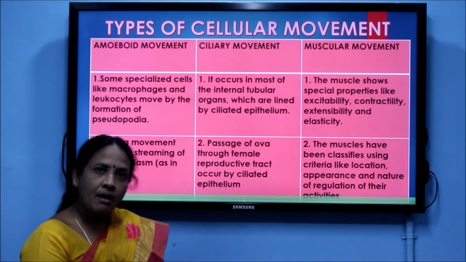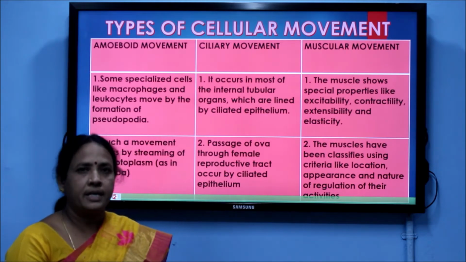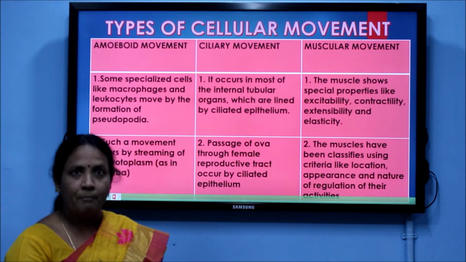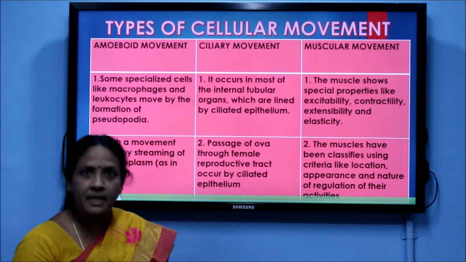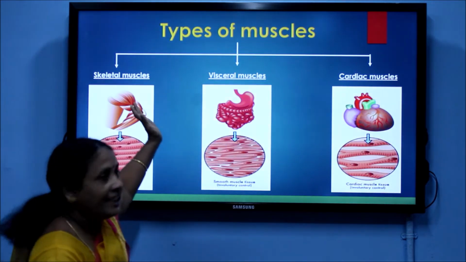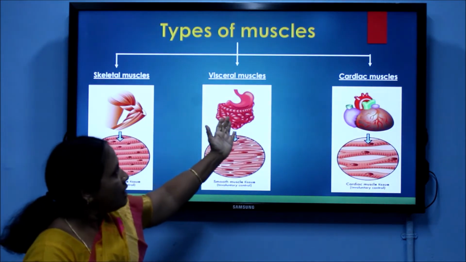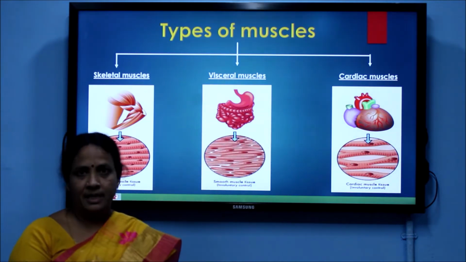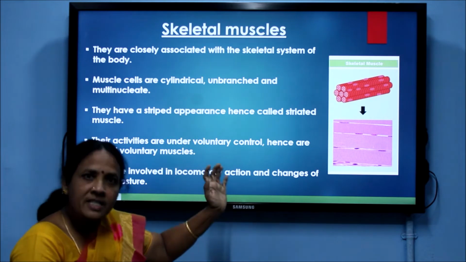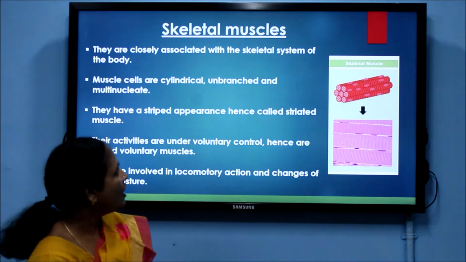These muscles are classified into three categories based on their location, function, and structure. Now we will see the three types of muscles: skeletal muscle, visceral muscle and cardiac muscle.